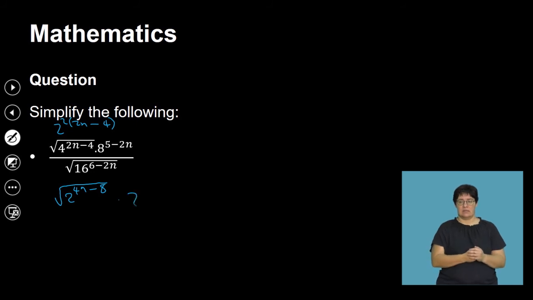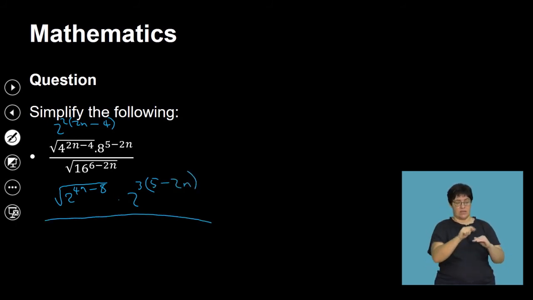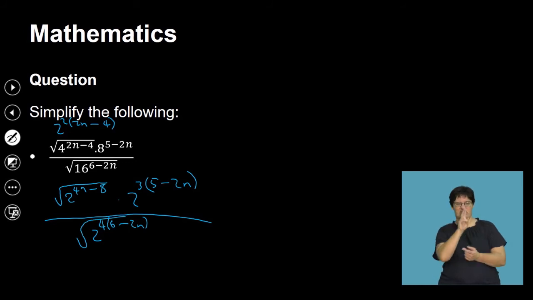Multiply by 2 to the exponent of 3 into 5 minus 2n. All of this is divided by 2 to the exponent of 4 into 6 minus 2n. I'm thinking to just write it so that people can actually see where these things come from.